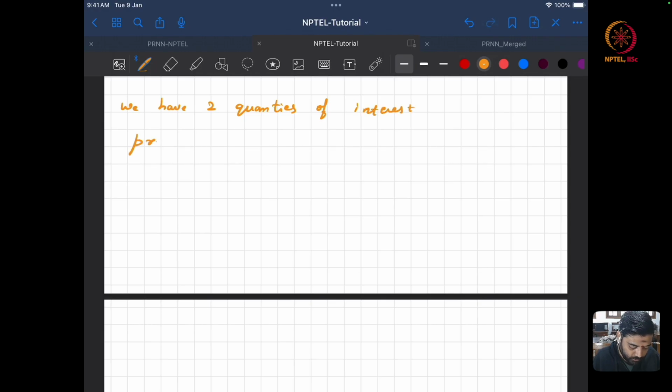One is what is known as the precision, which is true positive divided by true positive plus false positive.